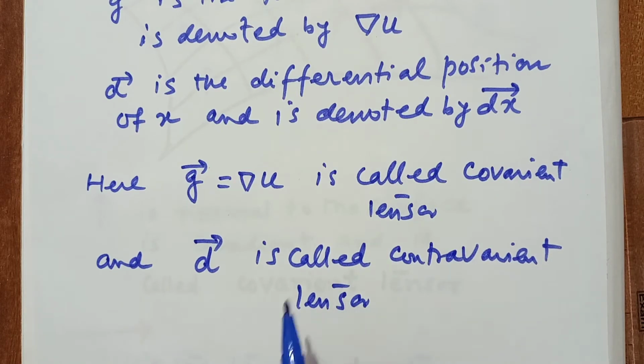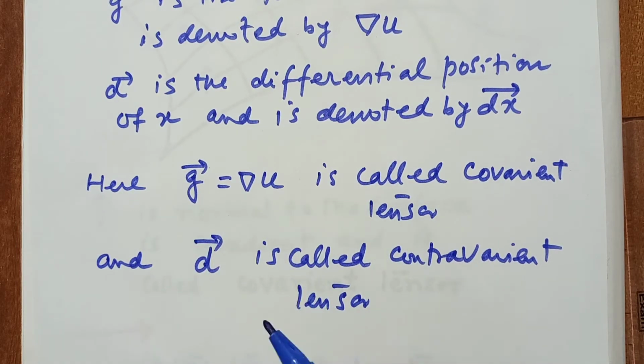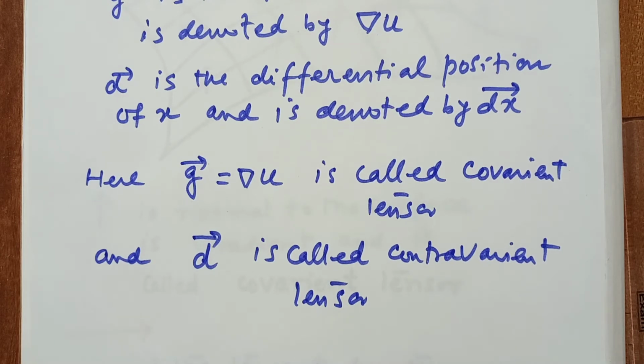So what is D? D is the tangent. And what is G? G is the gradient. We know the direction of the gradient is normal to the surface, and the direction of the tangent is along any curve we draw. So I am going to explain by figure the gradient and the direction, meaning the tangent of the curve.